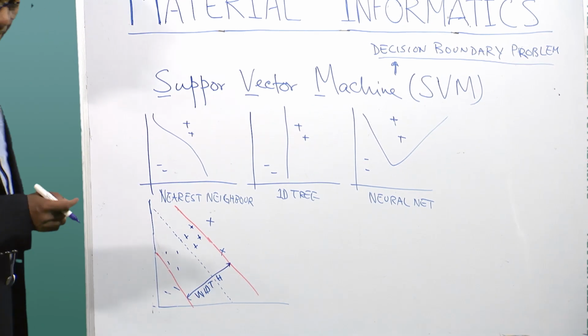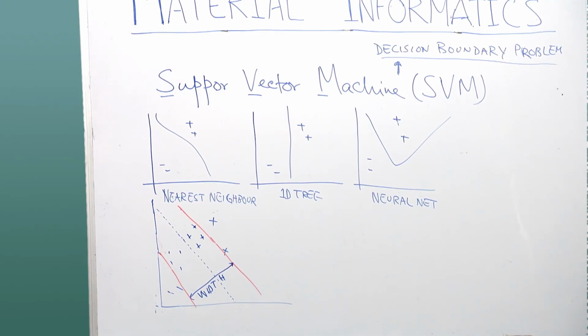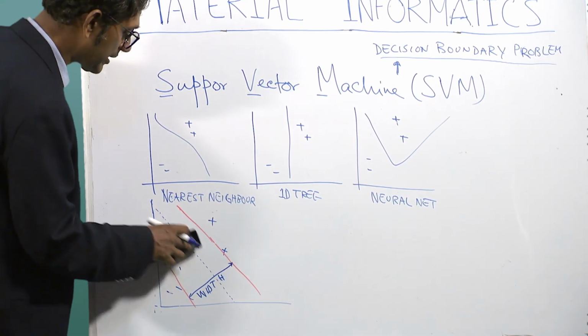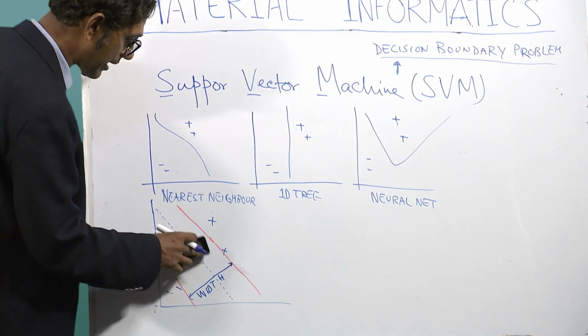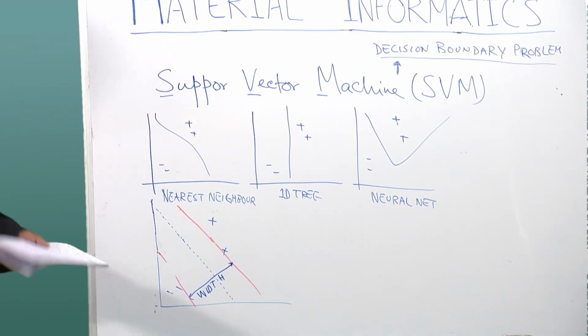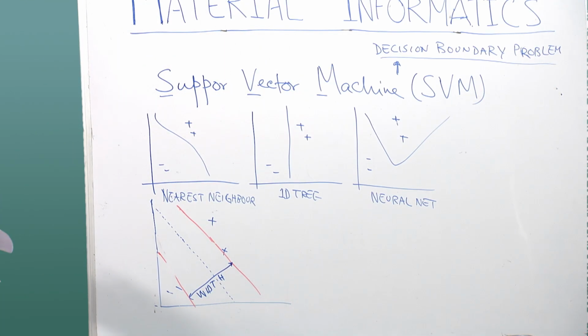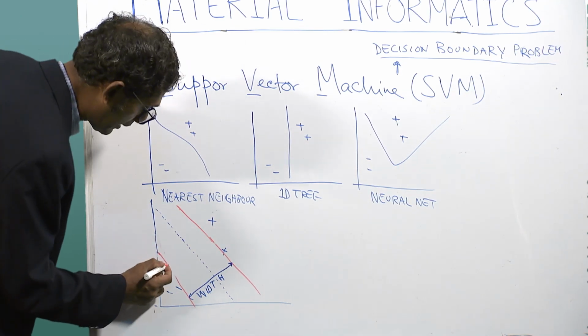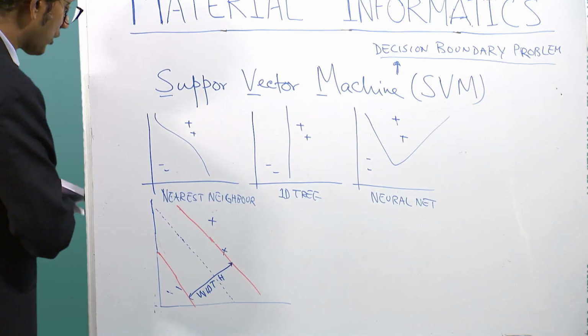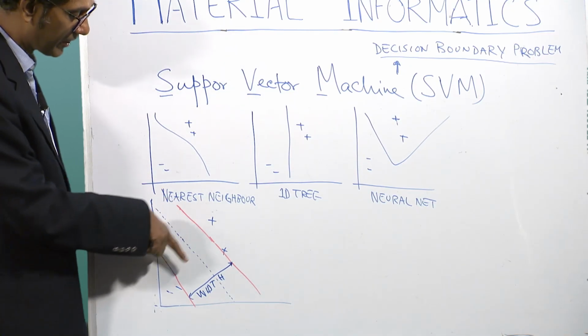Let me explain the technique again, which is what SVM stands for. What I am doing is first drawing a center line which is passing through this road. Then I draw two lines, one on the left side and one on the right side.